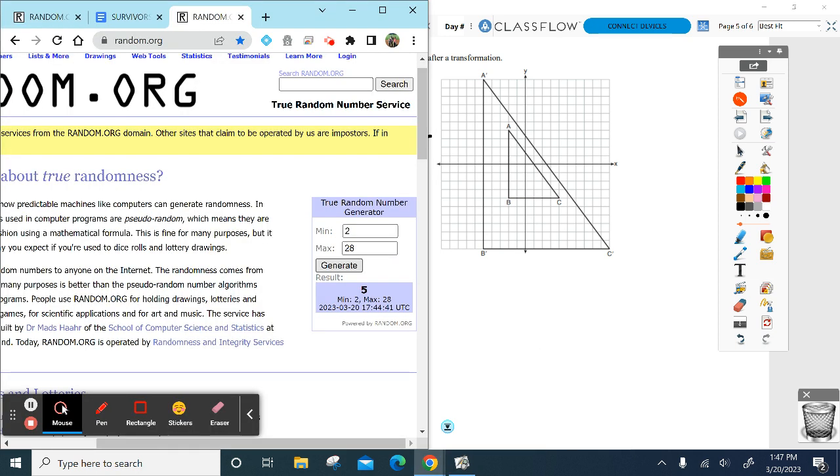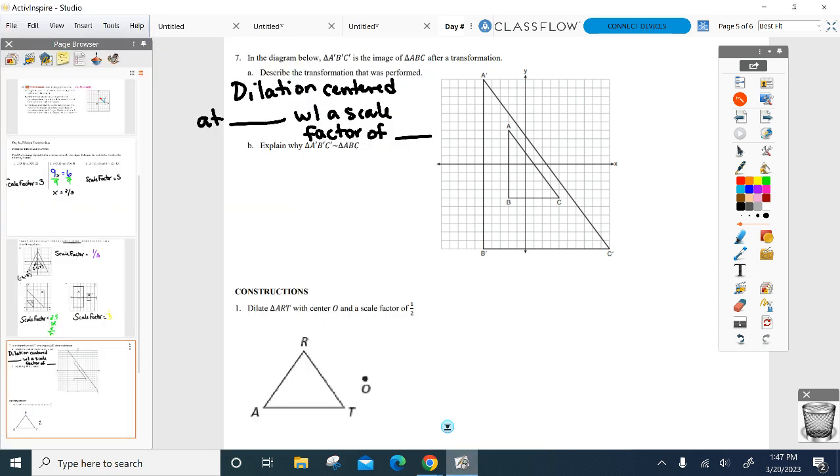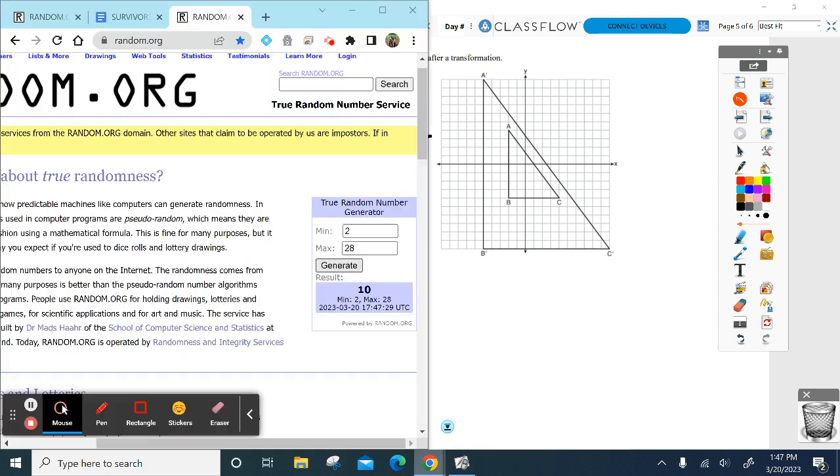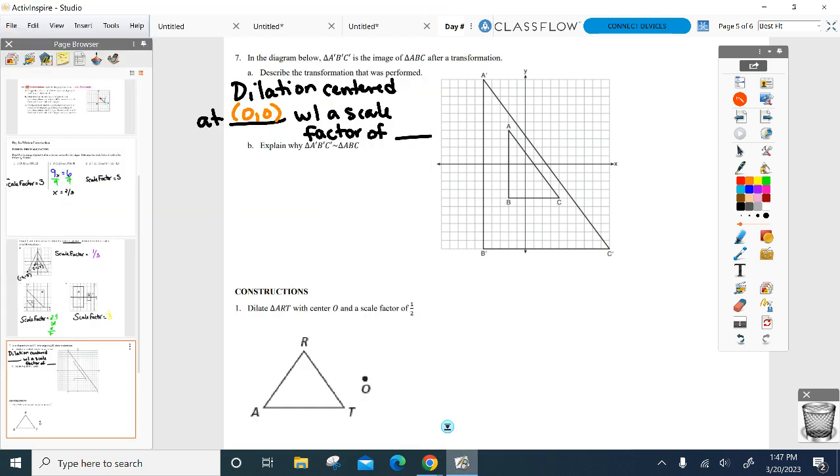Where do you think it's centered at? Where's my dilation centered at here? Origin, yeah, 0, 0. And with a scale factor of, what's it bigger than 1? Scale factor of 2? 2.5.